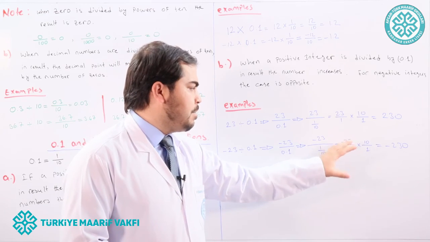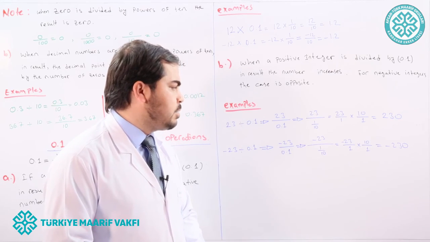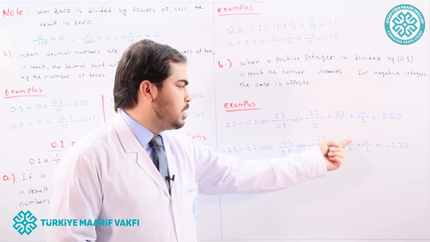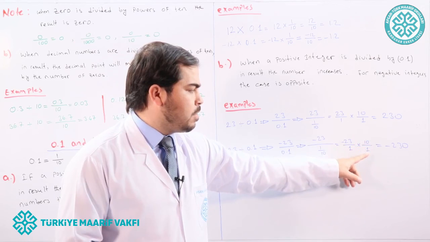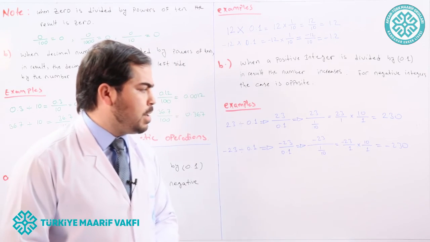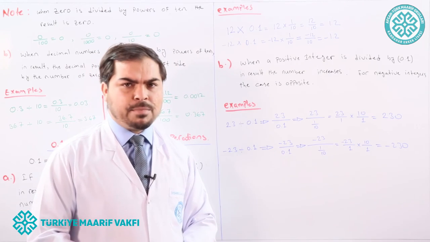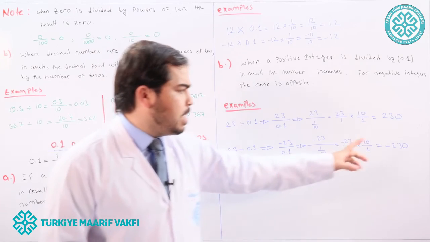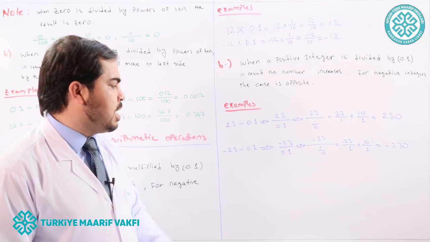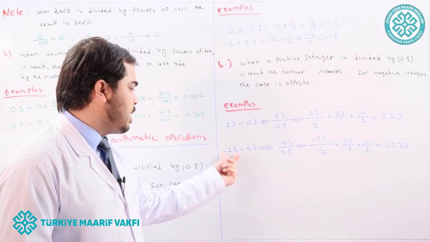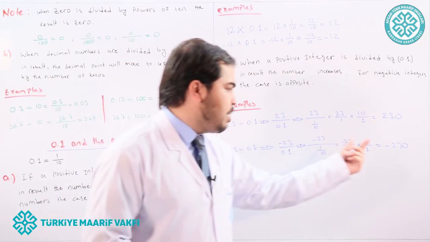It will change from division to multiplication. It will become minus 23 over 1 times 10 over 1. If you multiply numerator to numerator, it will become minus 230. Here we have minus 230, which is a far smaller number. Means from a bigger number, which is minus 23, we decreased the number to minus 230.